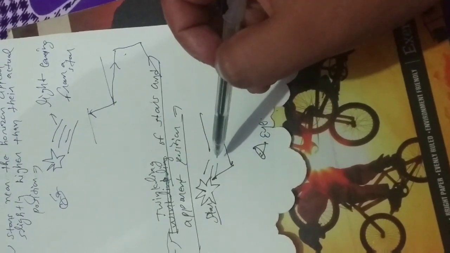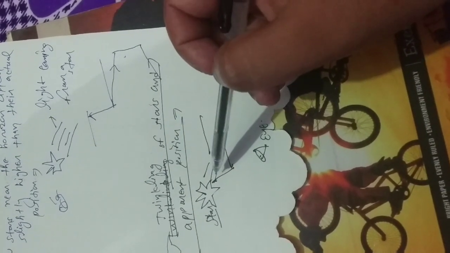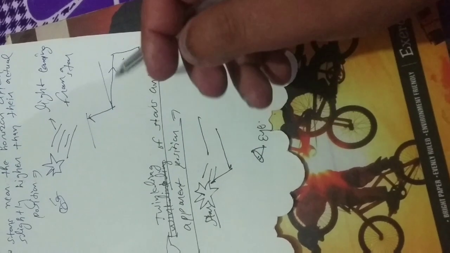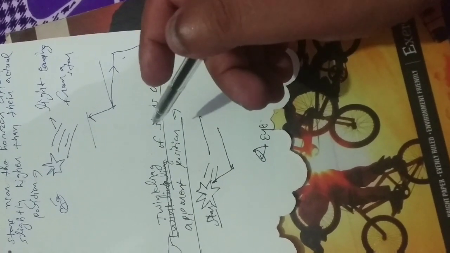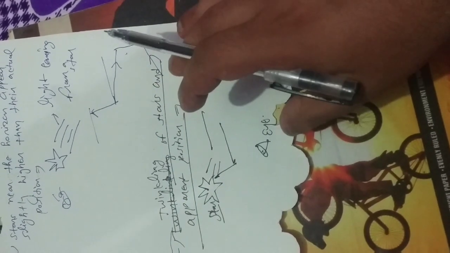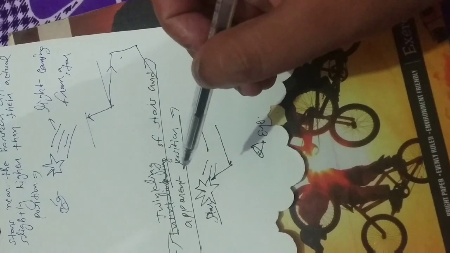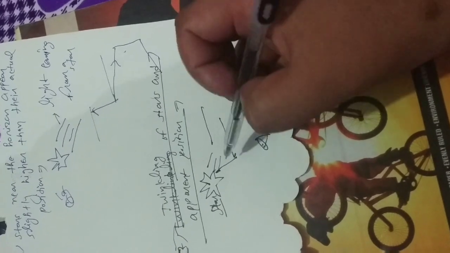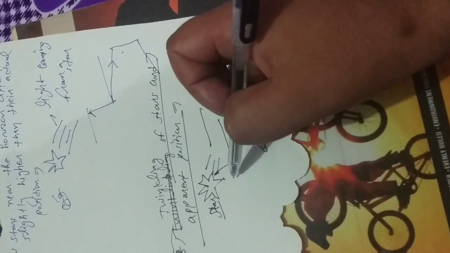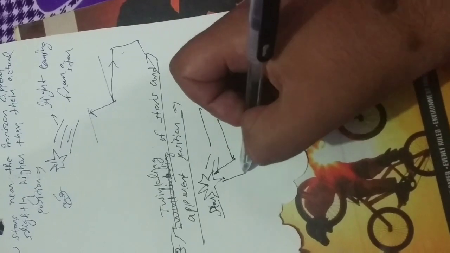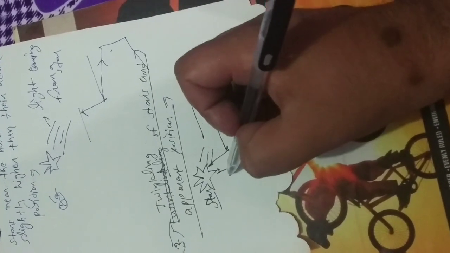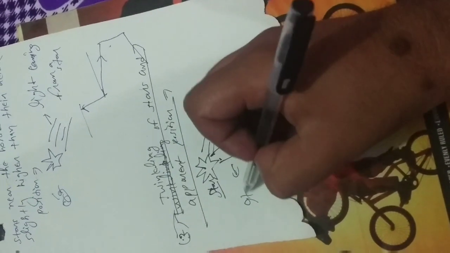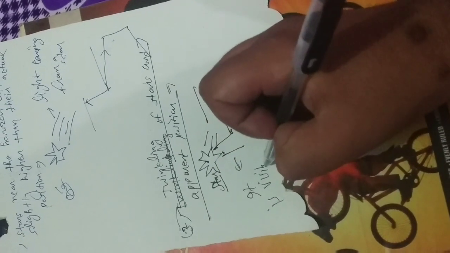So when starlight passes through a rarer medium, it travels in a straight line, and when it passes through a denser medium, it bends at an angle. When the light passes in a straight line, the star is visible.